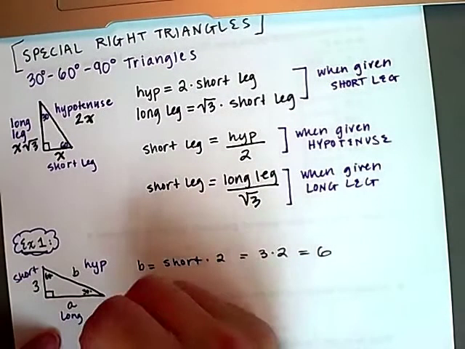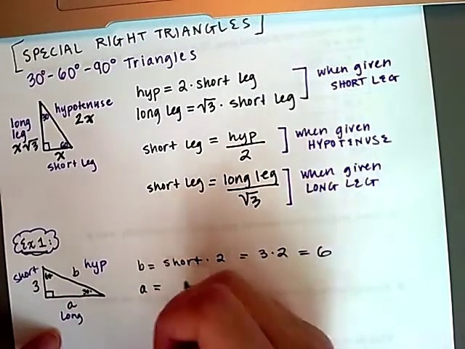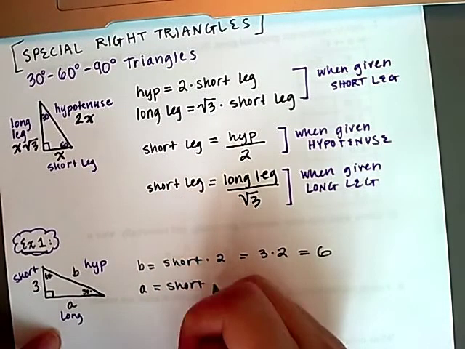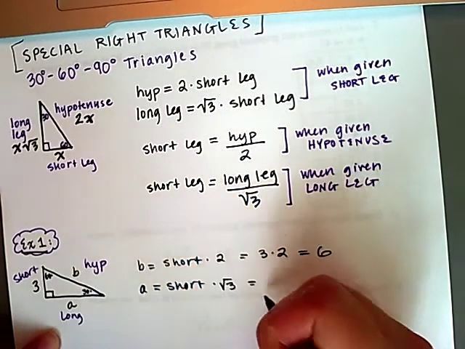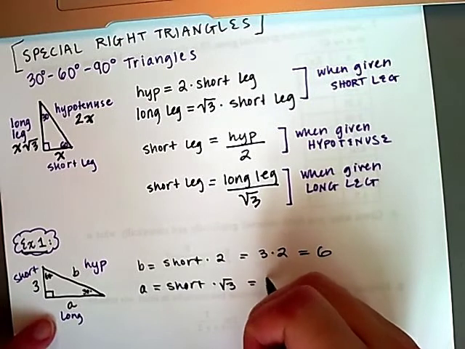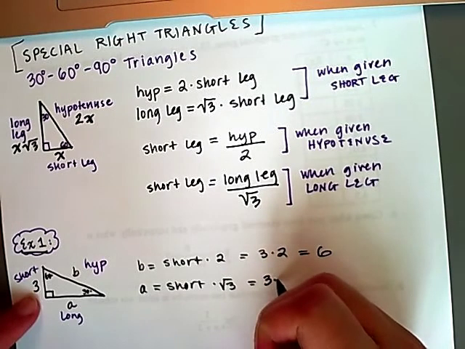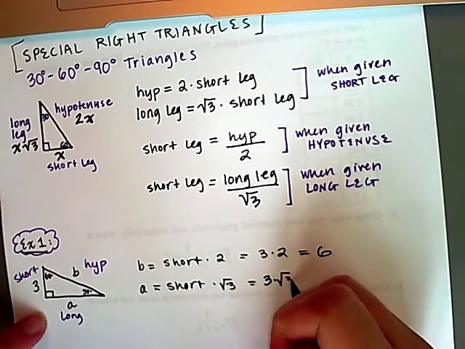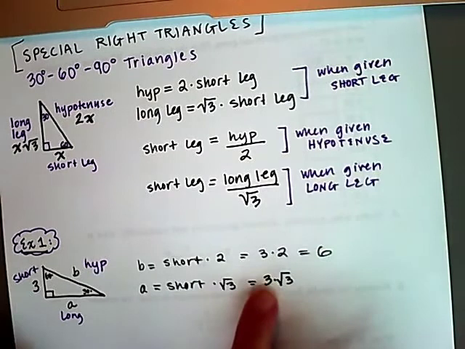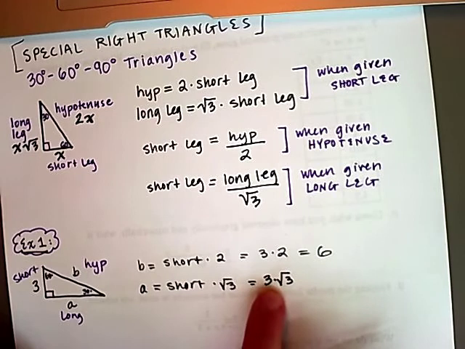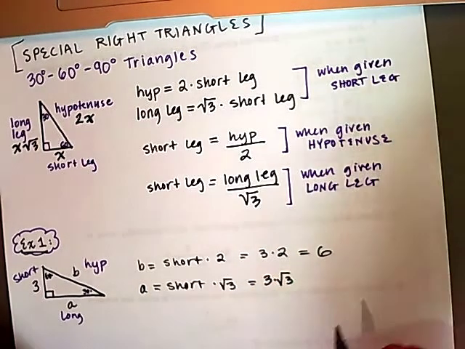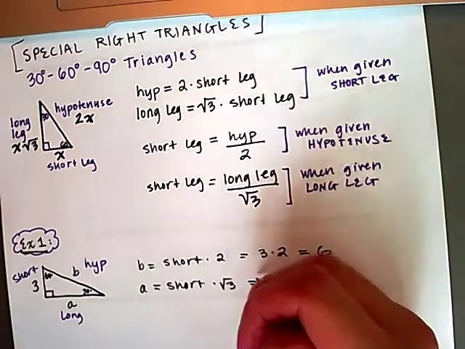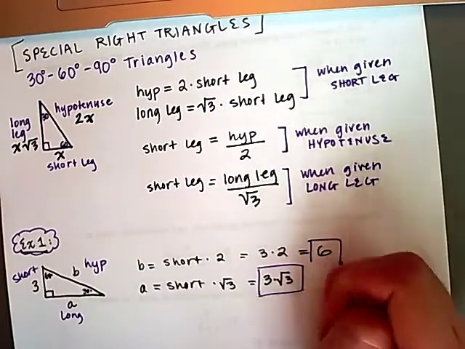Then to get the long leg, I do the short leg times root 3, which would be 3 times root 3. In general, I always want to write the number being multiplied by a radical out front, just because it's very clear that this 3 outside is not inside the radical. And that's my final answer. It's as easy as that.